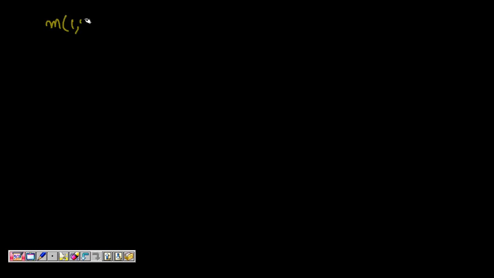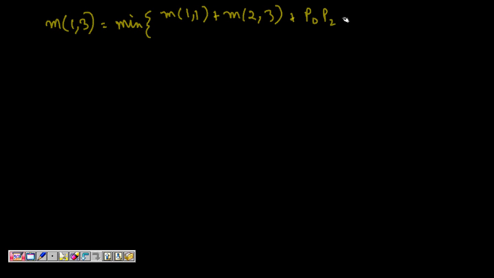So M1 comma 3 will be the minimum of M1 comma 1 plus M2 comma 3 plus P0, P1, P3, where k is 1.